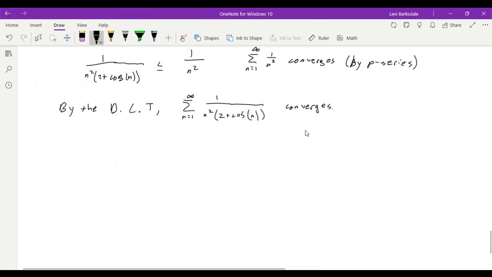Okay, and just one practice problem for this one. Determine the convergence of this series. Sum from n is equal to 1 to infinity of 1 over n factorial.